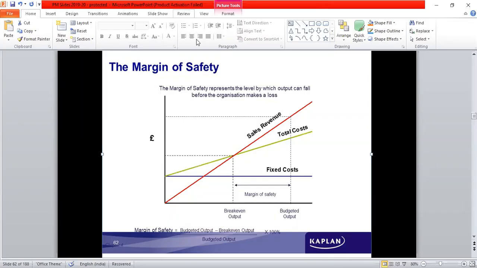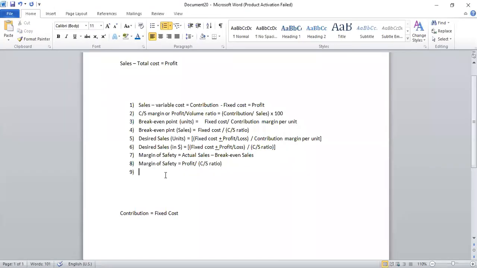So we can write this equation as: percentage of margin of safety is margin of safety divided by budgeted, actual, whatever it is, budgeted sales, into 100.